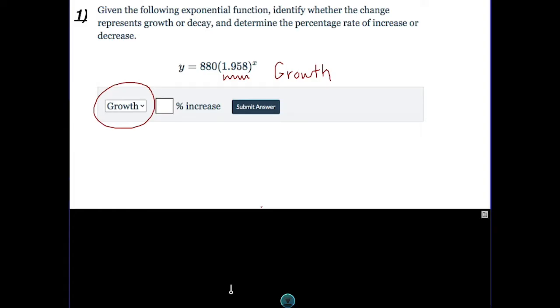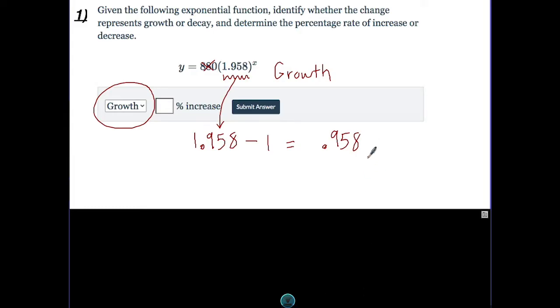Since it is a growth problem, we're going to look at our previous page of notes. We take the base, not this, just the base, and we subtract 1 from it. That's going to give us this. This is now a decimal. We're going to convert that to a percent.